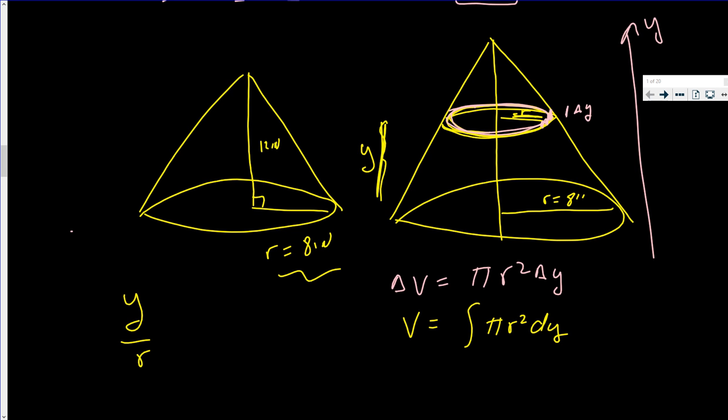I want to now say, okay, so we need to be more clear. We can let this here be the x-axis. That's not a problem.